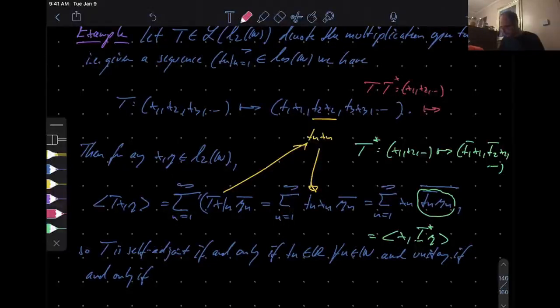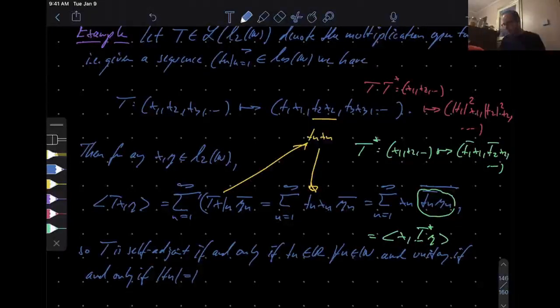Well, the first case is here in green, then I have to multiply that green thing again with T, so it would give me t1 complex conjugate times t1, x1, then t2 complex conjugate times t2, x2, and so on, right? And that thing is equal to the original sequence precisely when all those tn's in complex modulus are equal to 1, right? So we have that T is unitary if and only if the modulus of tn is equal to 1.